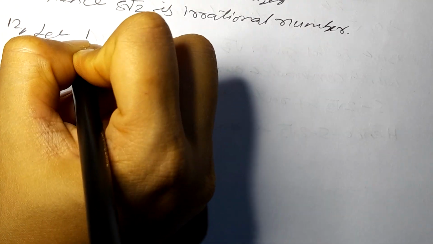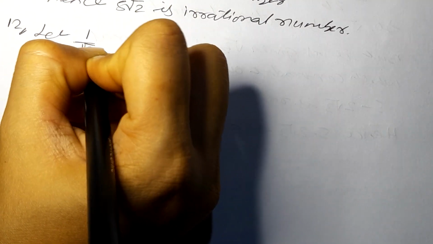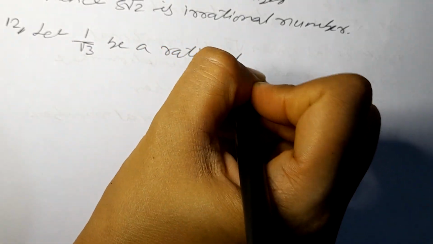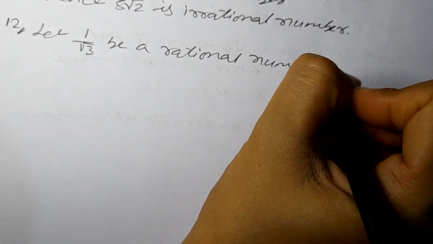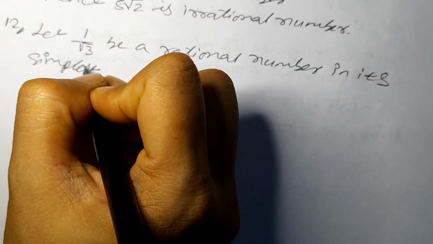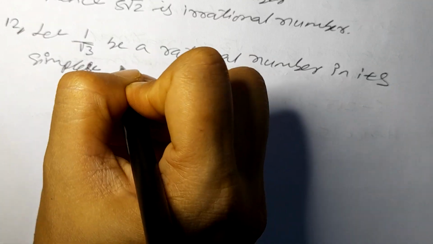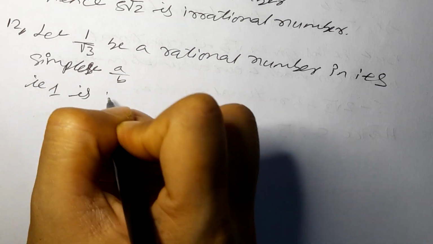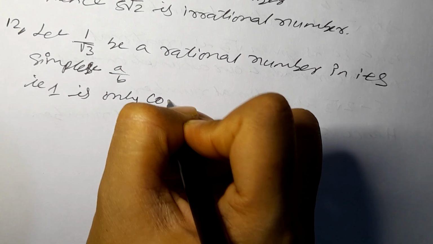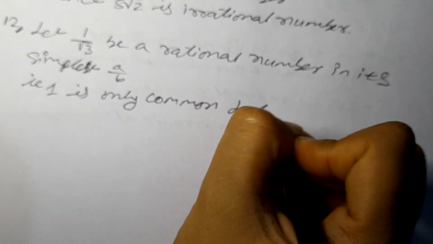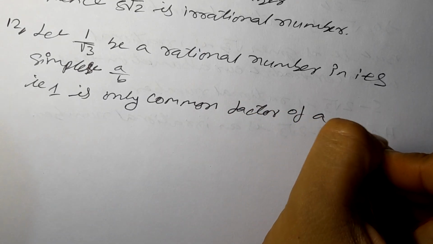Let 1 by root 3 be a rational number in its simplest form, that is a by b, where 1 is the only common factor of a and b.